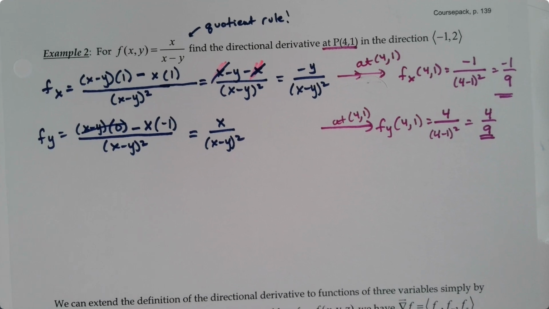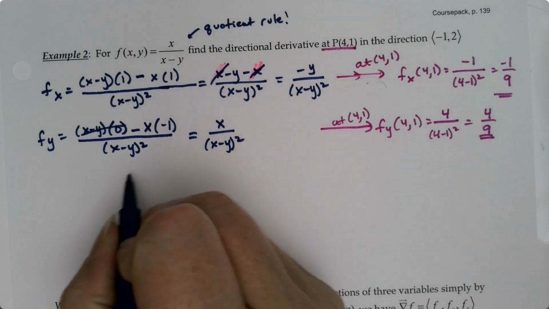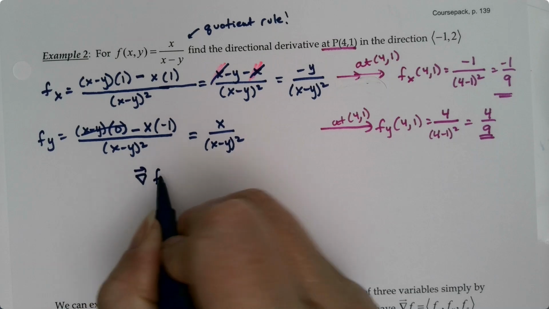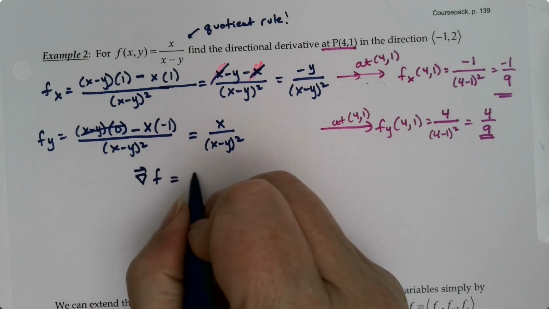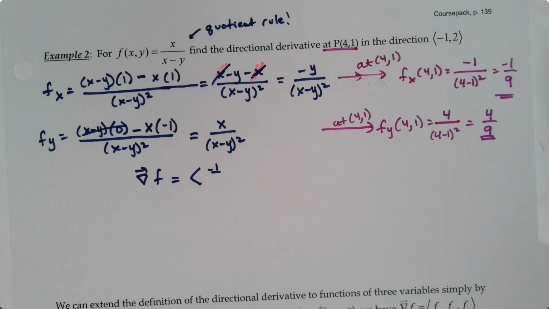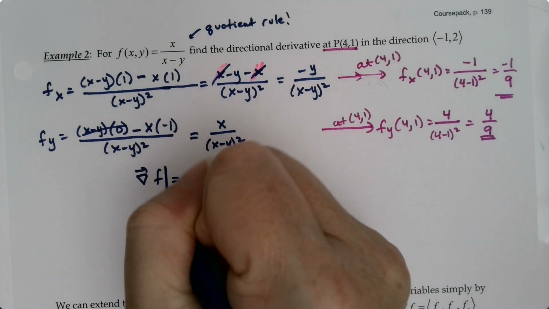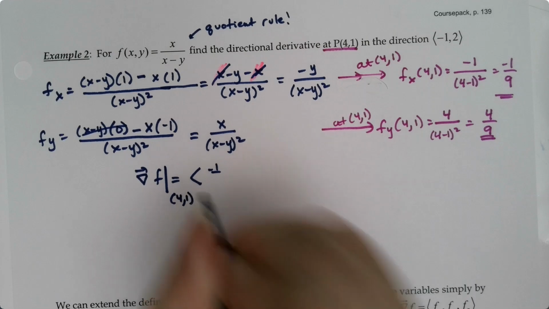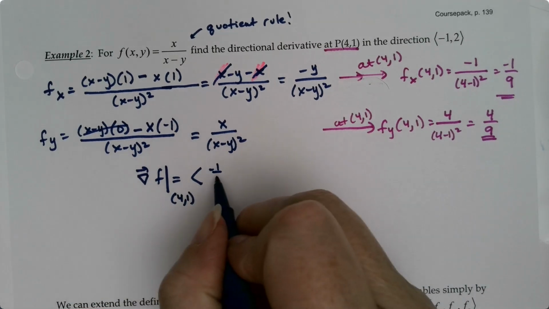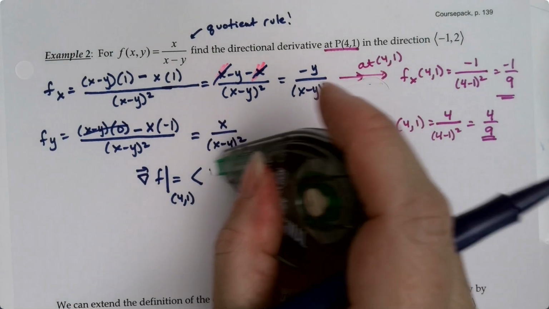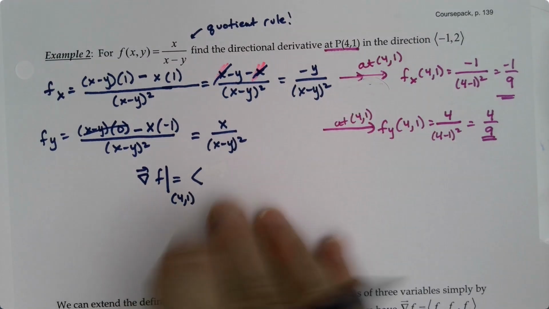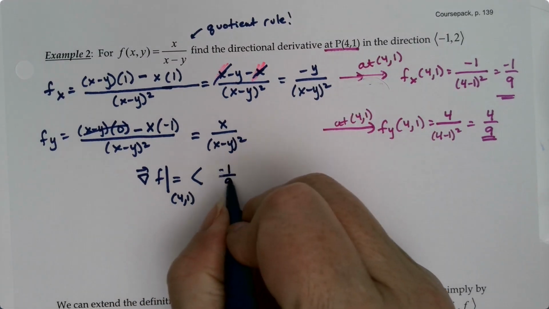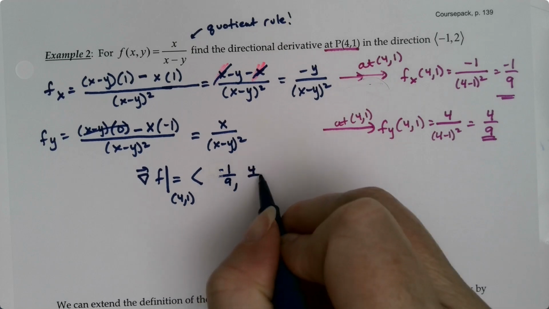Okay, so putting these two pieces together, we now know the gradient of f at the point (4, 1), because of course there's lots of different gradients of f. This is at this particular spot. The gradient of f at (4, 1) is (negative 1/9, 4/9).